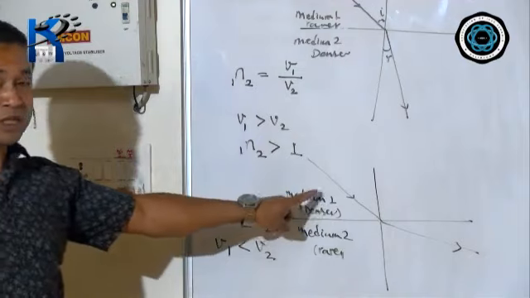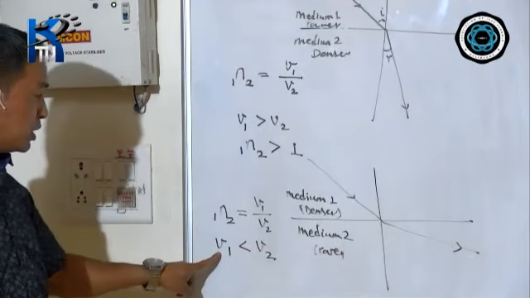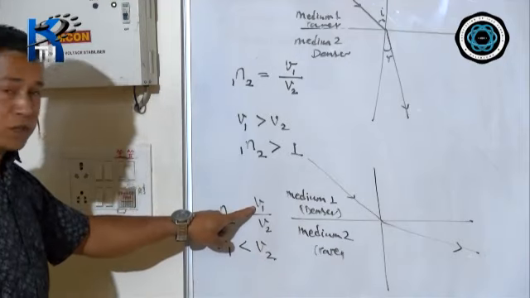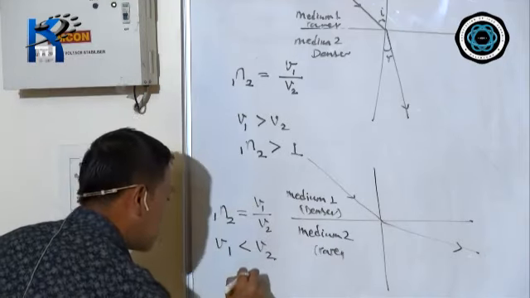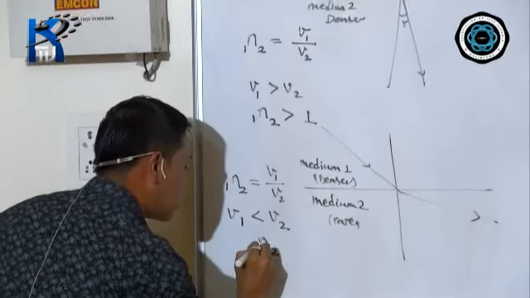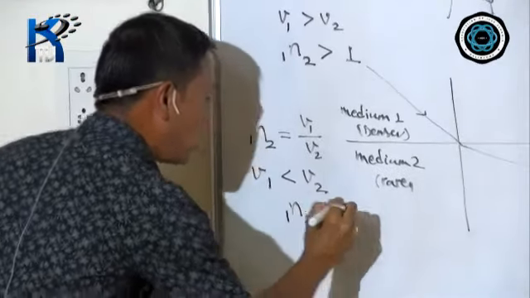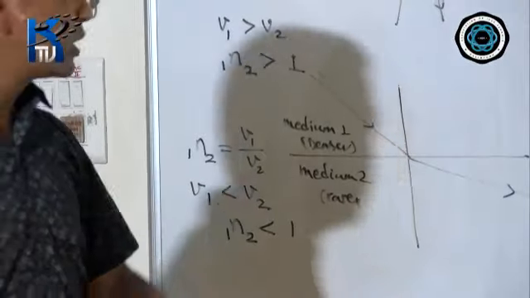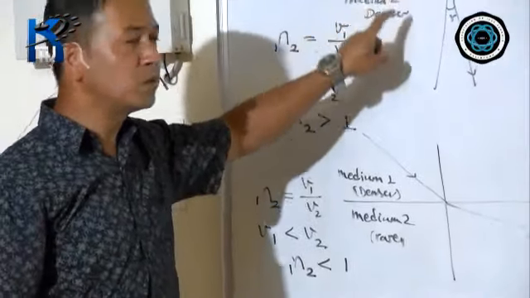That means when light passes from denser medium to rarer medium, speed of light in medium 1, denser medium, is less than the speed of light in medium 2. So if this numerator becomes smaller than denominator, then refractive index of medium 2 with respect to 1 will be less than 1. That means refractive index of 2 with respect to 1 is greater than 1 if light passes from rarer medium to denser medium.